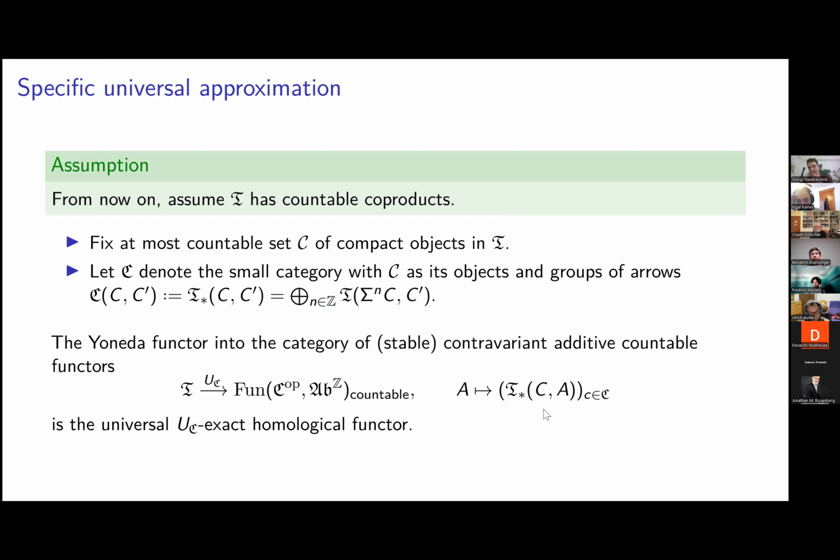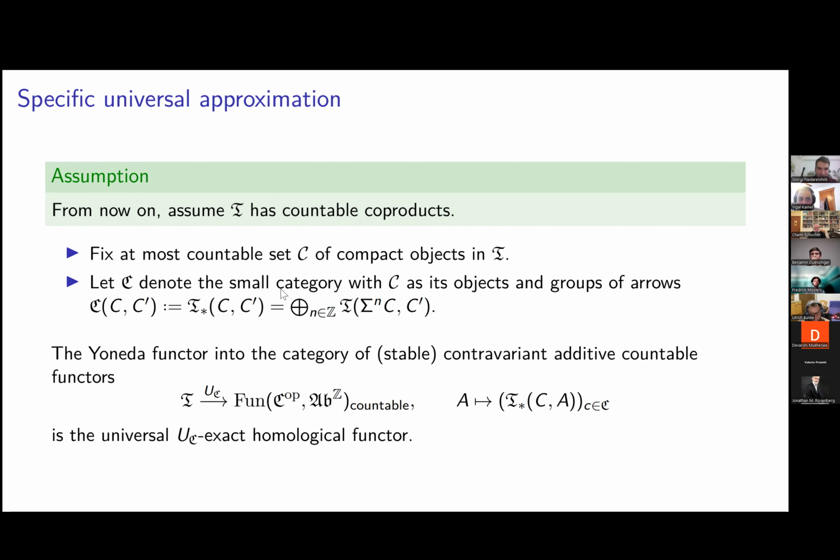So for every object you look at the Hom functor from these objects into A, and this is the Yoneda embedding you do. Now you get a functor that makes every object of T into an abelian category, which is graded because of the star here. This is the usual Yoneda construction, and it turns out this is the universal exact homological functor. Okay, what does this mean?